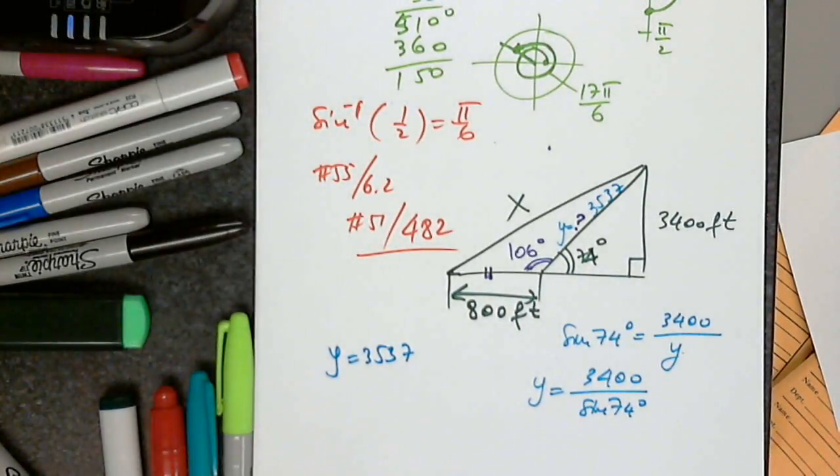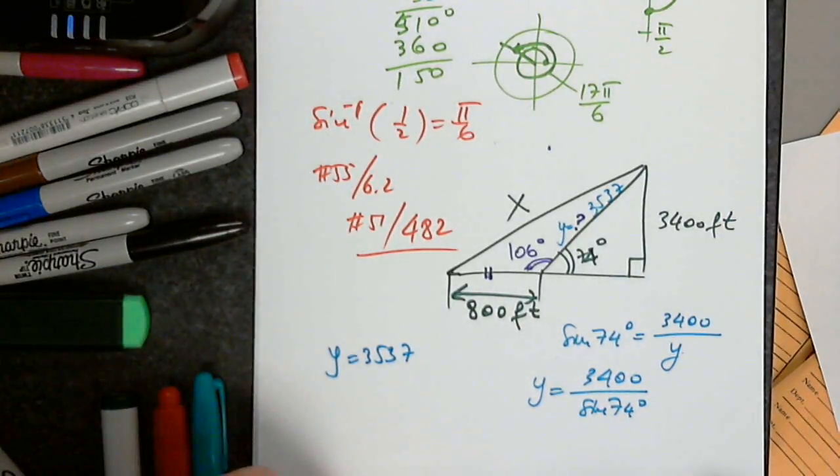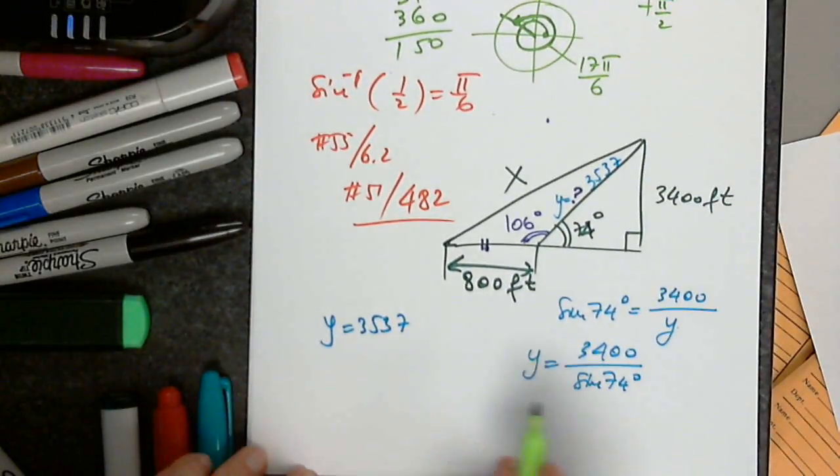Good. So now what happens next? Now we know that, can we use a cosine? Yes. Law of cosines. So how do I write it now? Of course.